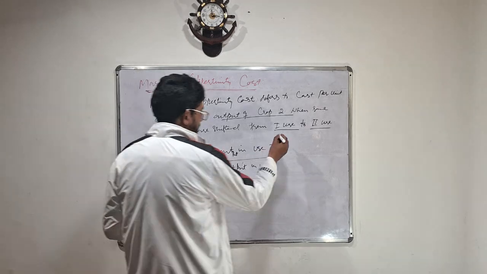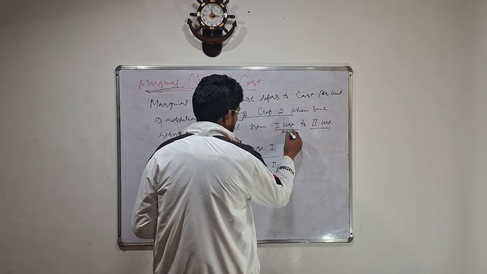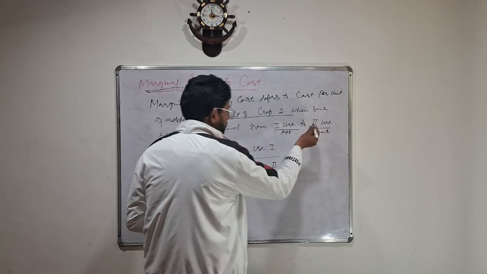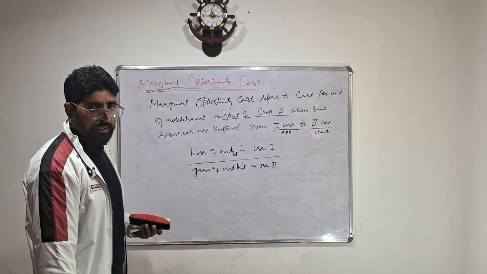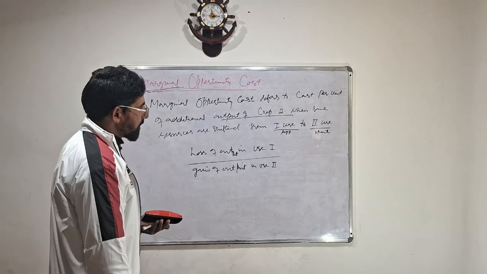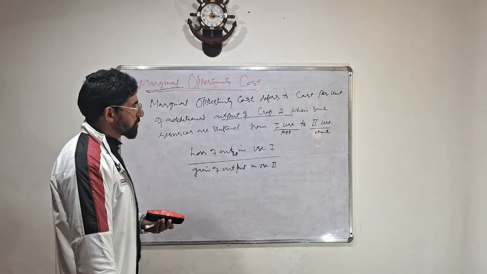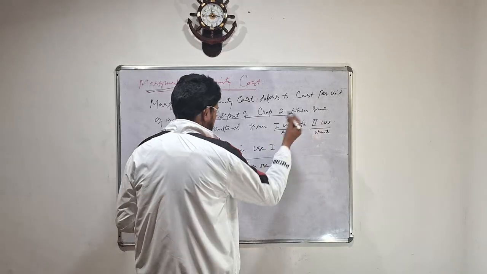For example, I will write production of apples, and here we write wheat. When some resources are shifted from apples to wheat, use first to use second, as I told in the previous lecture, it involves some cost.